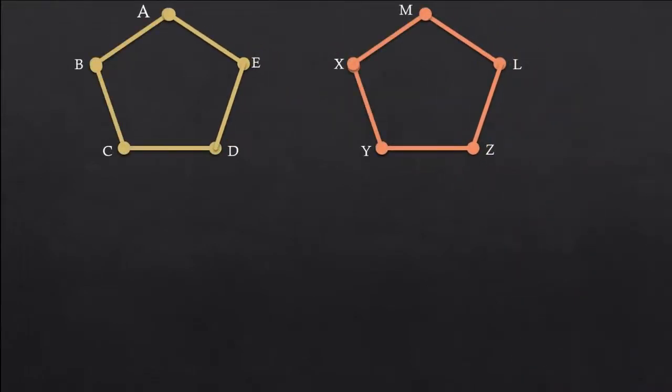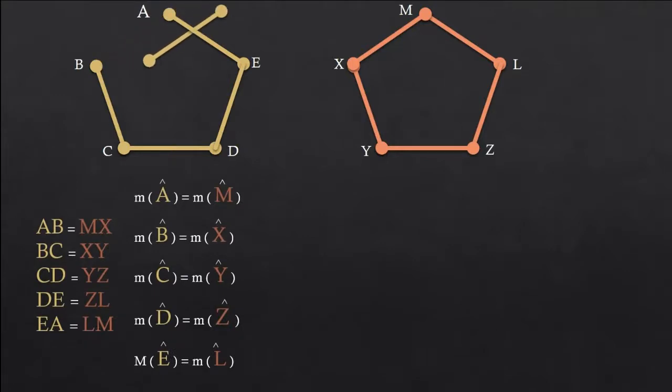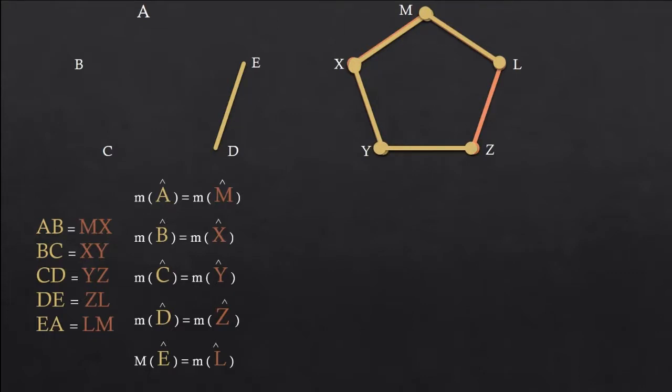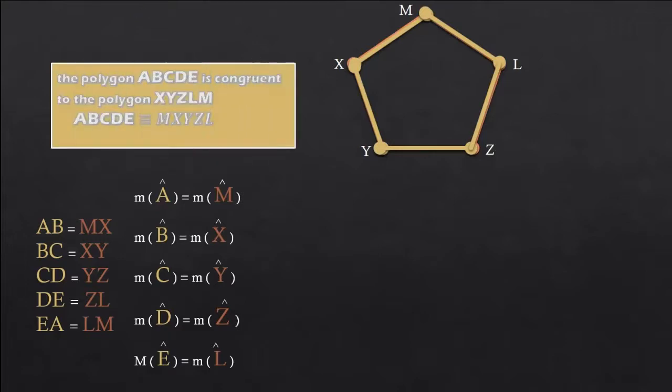In the two opposite polygons, if AB equals XM, AE equals ML, BC equals XY, CD equals YZ, and DE equals ZL, and measure of angle A equals measure of angle M, measure of angle B equals measure of angle X, measure of angle C equals measure of angle Y, measure of angle D equals measure of angle Z, and measure of angle E equals measure of angle L, then we call the two polygons congruent, written as ABCDE congruent to MXYZL, and that is the symbol of congruence.